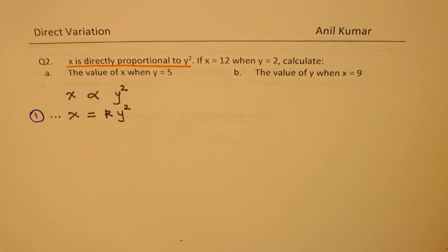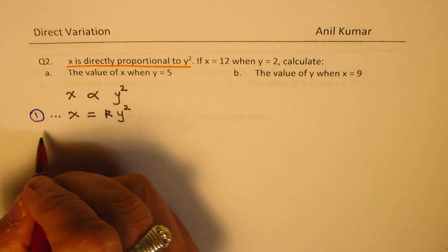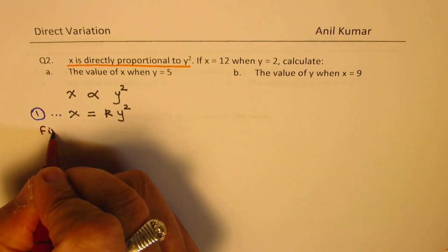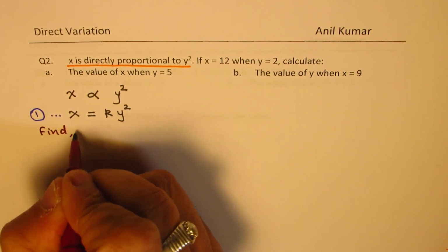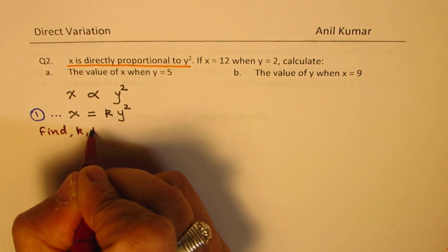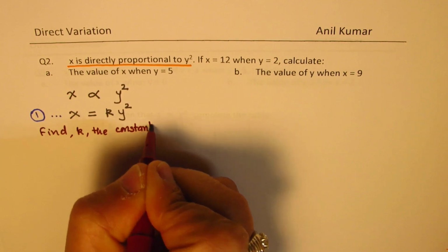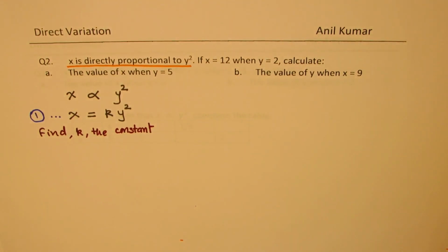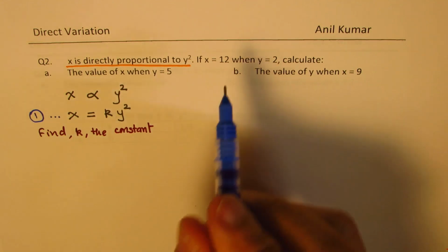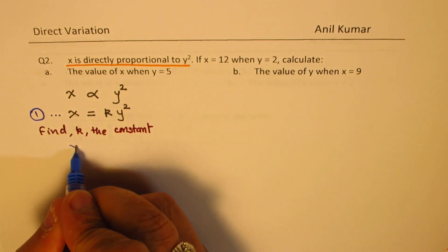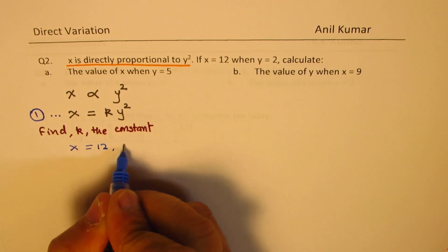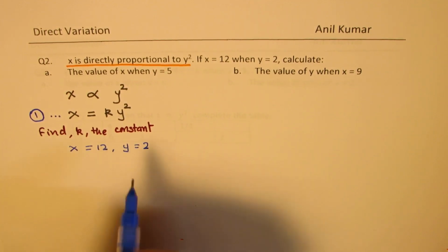Now to solve an equation based on variation, we need to find the value of k. So we say that the step now is to find k, the constant of variation, correct? To find the value of k, we will use the information given to us, which is at x equals 12, y equals 2.